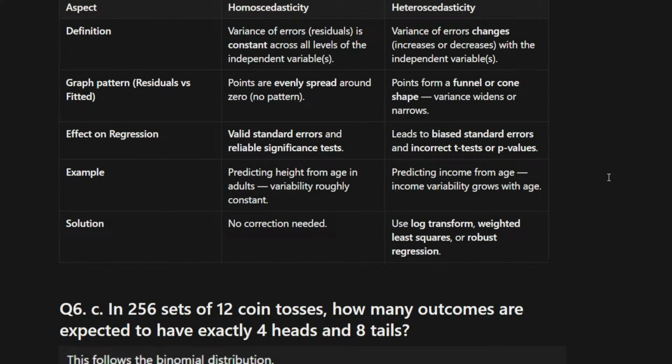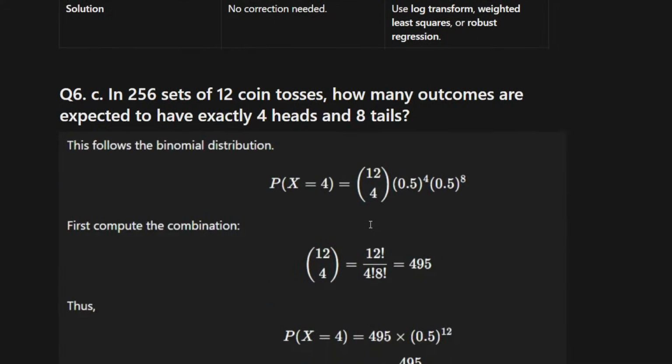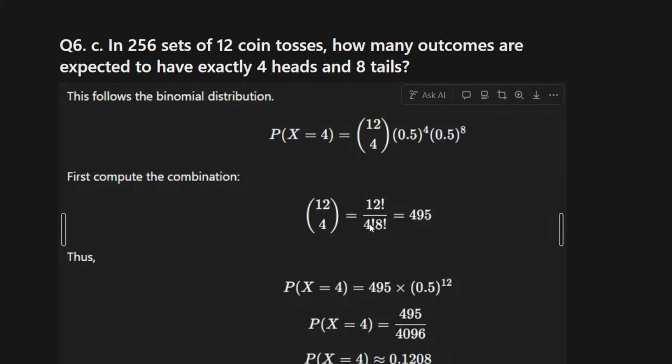So that variance, that difference, increases as the age increases. So this is one good example. That's it. Let's move to the next question.